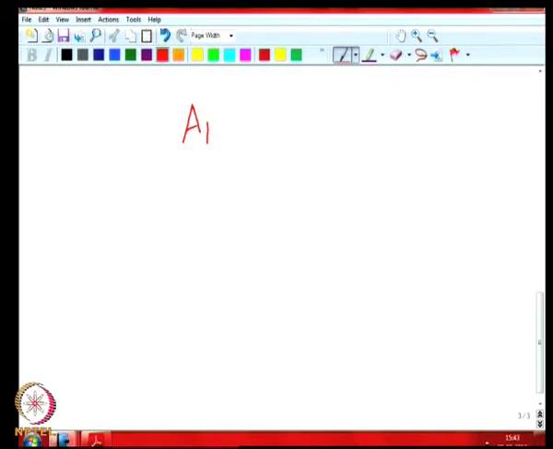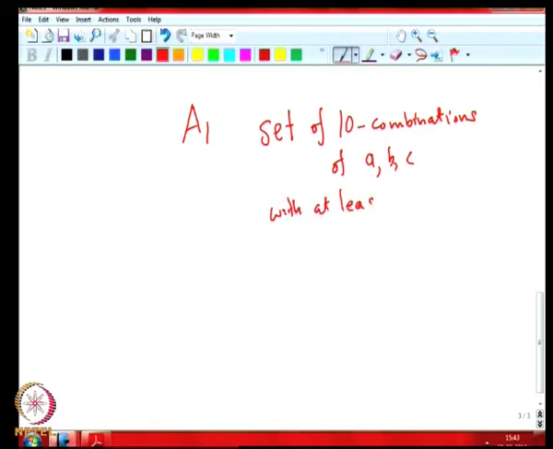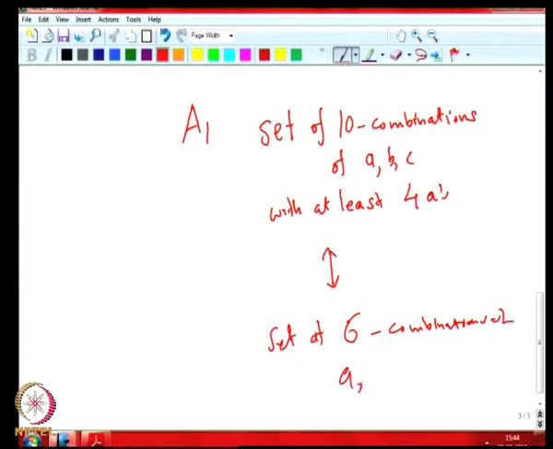So what we do is we set a bijection between the set of 10 combinations of A, B, C with at least 4 A's, and the set of 10 minus 4, because 4 A's we remove, that means 6 combinations of A, B, C without any restriction. Here we do not keep any restriction.